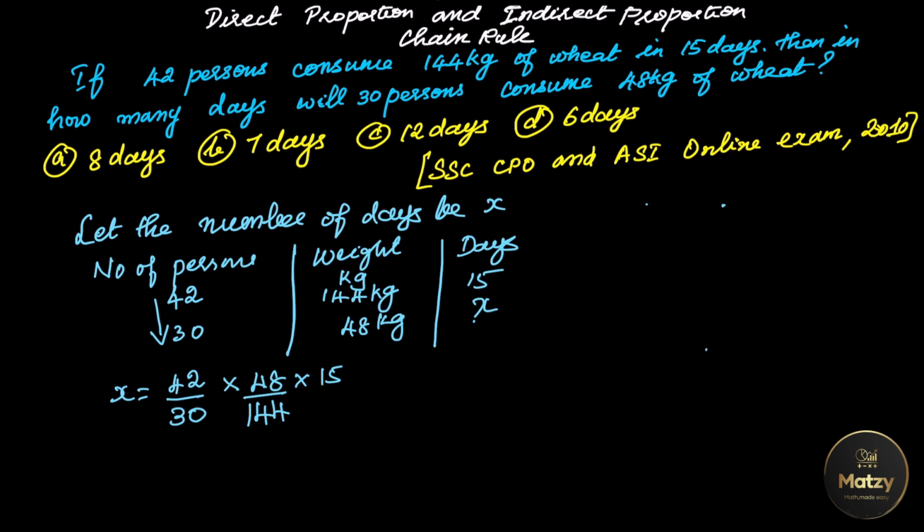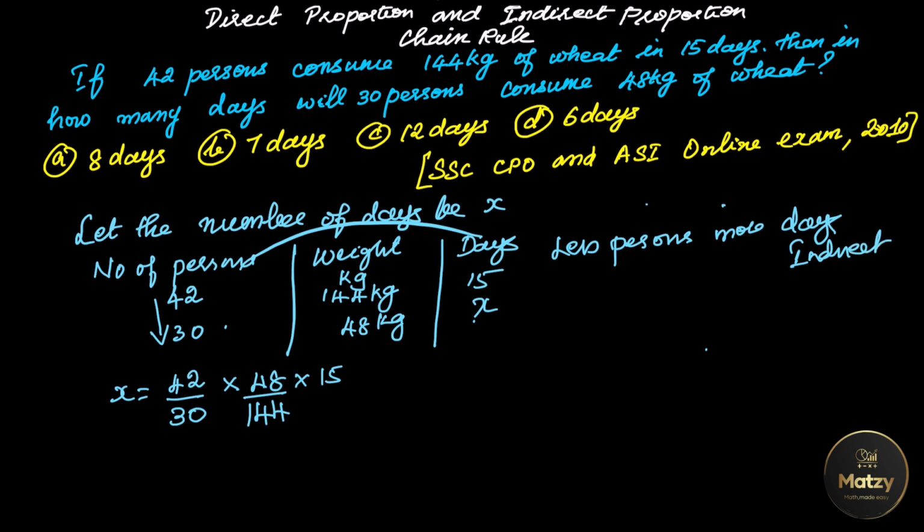Again, I am repeating. Less persons, more days. Am I right? So, number of persons and days are in indirect proportion.